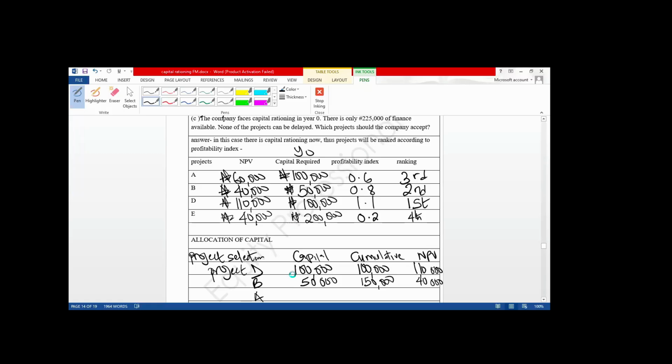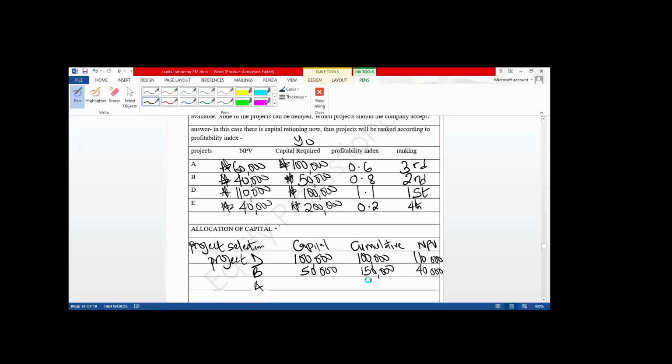Please, 225 minus 150, what do you have? 75,000. That means you are only left with 75,000, so you cannot do project A 100%. You only have 75,000 for project A.